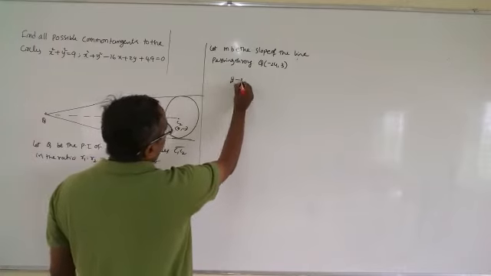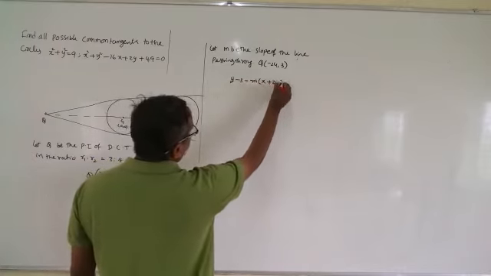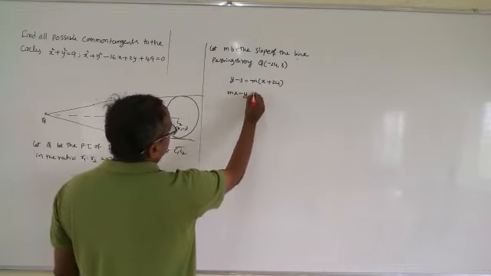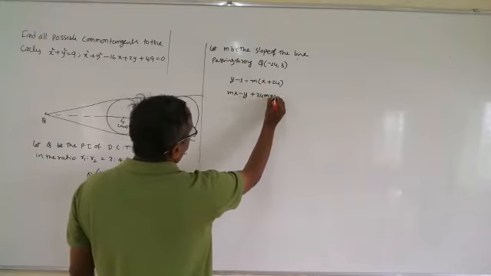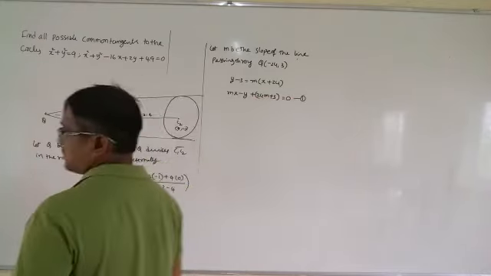So it will be y minus 3 is equal to m into (x plus 24). So mx minus y plus 24m plus 3 is equal to 0. Let it be equation 1.